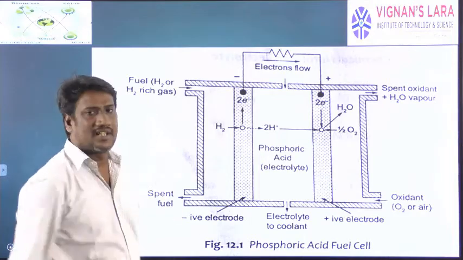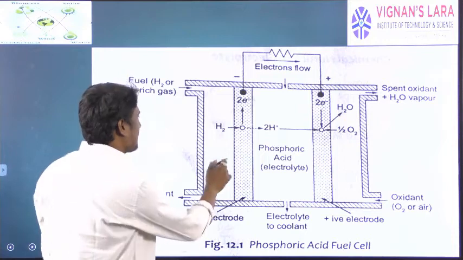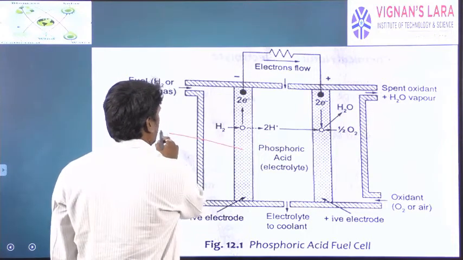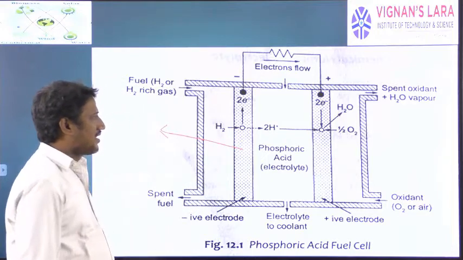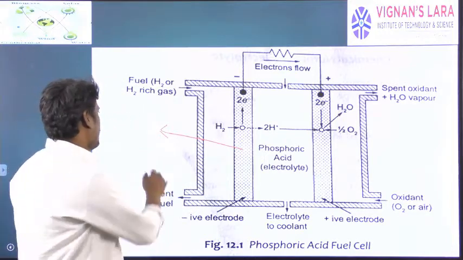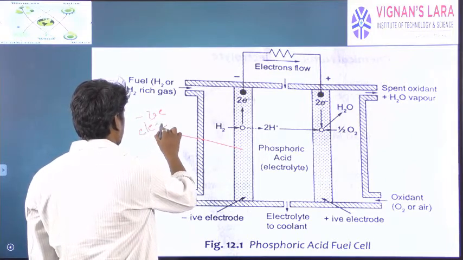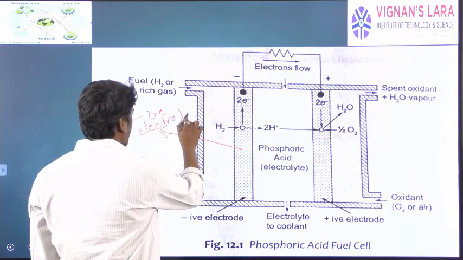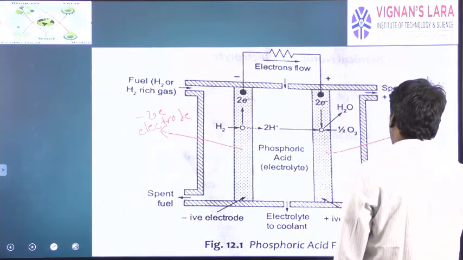This is the diagram of a hydrogen fuel cell. This will be the negative electrode, which we can call the negative electrode or cathode, and this will be the positive electrode or anode.